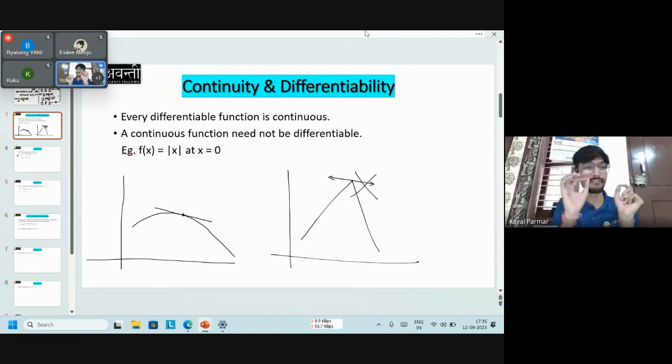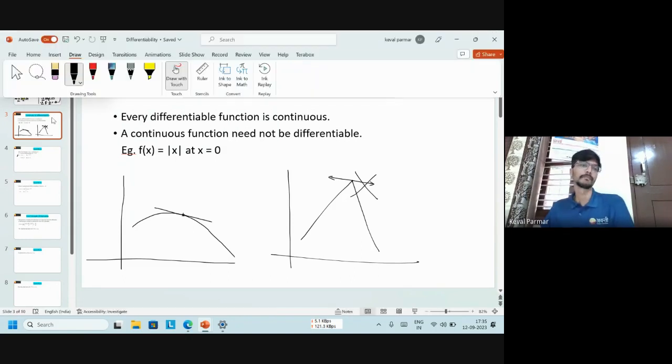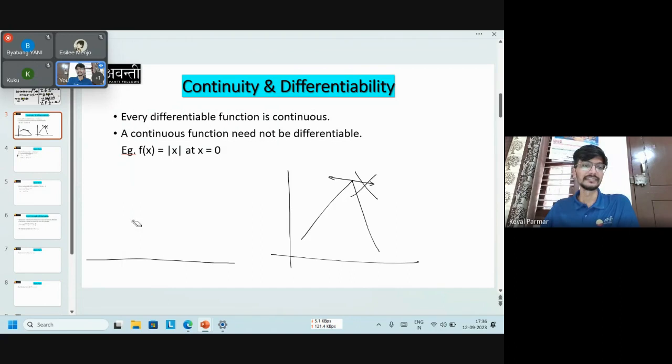If a function is differentiable at a point, that means we can draw a tangent at that point. That also means there is no sharp turn. And if a function is not differentiable at that point, that means we cannot draw a tangent. That means there is a sharp turn. So basically, we have just related the existence of a tangent with sharp turns.